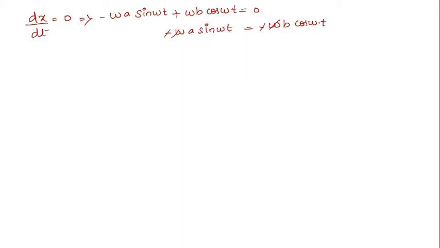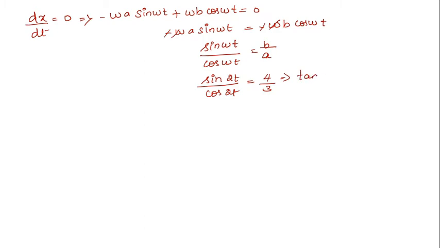So we can find the value of omega t when combining the sine and cos terms together. So sin omega t divided by cos omega t is equal to b by a. Okay. So substitute the values of a, b and omega. So sin 2t divided by cos 2t is equal to, b is 4 and a is 3, which gives tan 2t is equal to 4 by 3. So when you use the tan formula, you know that it is opposite by adjacent.